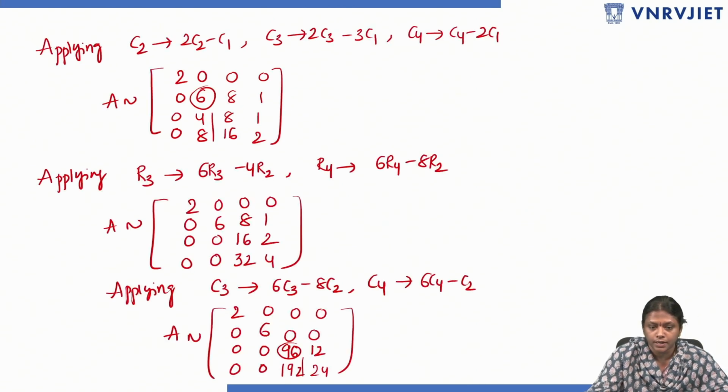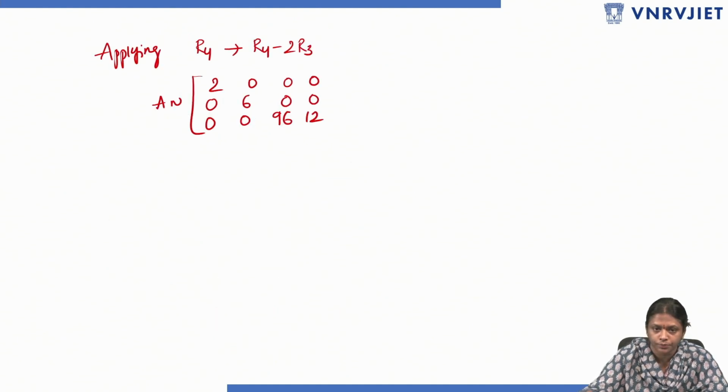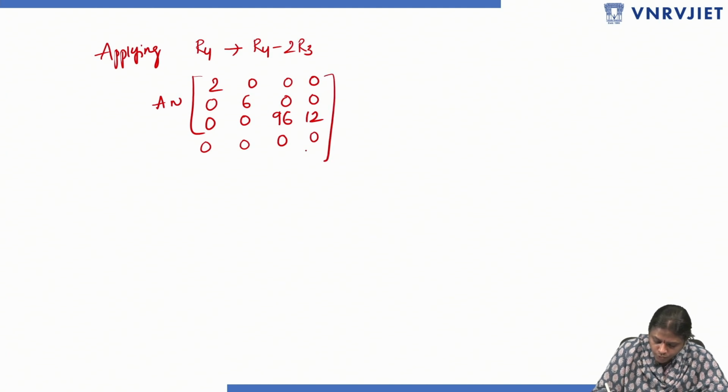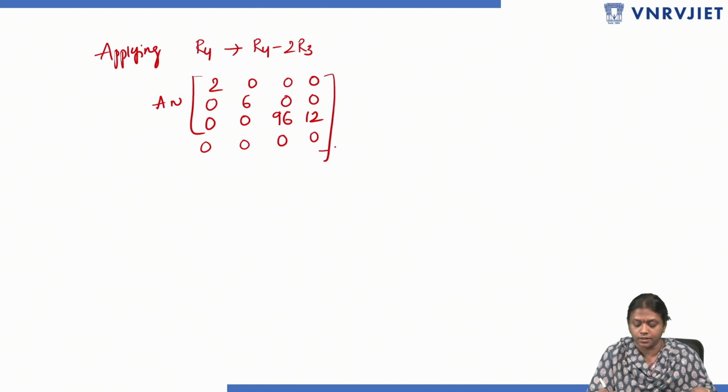So if you apply 96 here, 192 you are having here, multiplying with this, 96 multiplying with 2, you are getting the down element is going to be 0 here. Now I'm writing this is automatically 0 and this is 0. Now this is going to be 0.